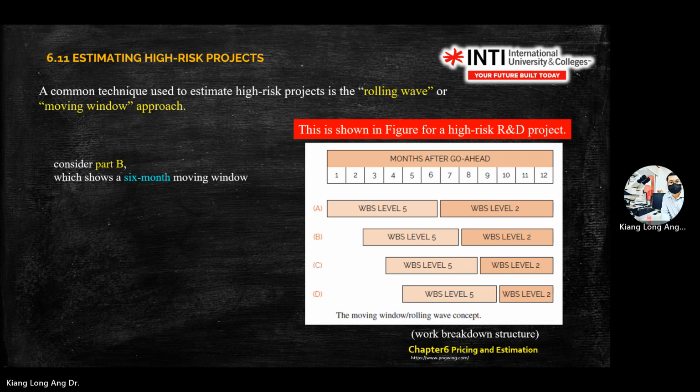For B, there's a shift of window here. You see, for the 12 month project, they shift a little bit by the first month and second month. They start at March, then they squeeze in level 2.